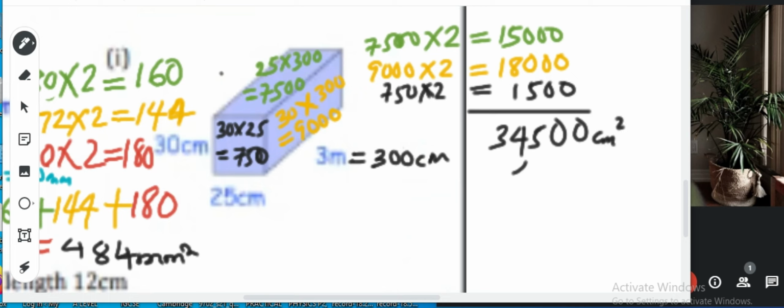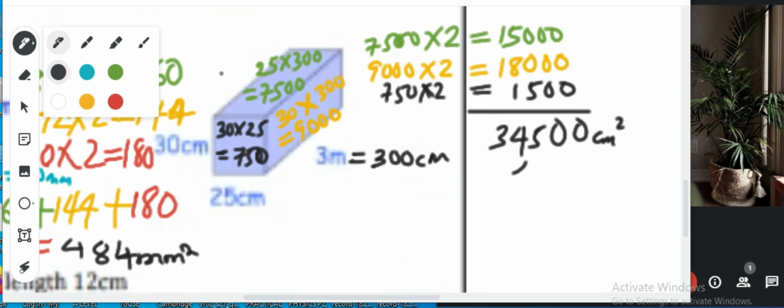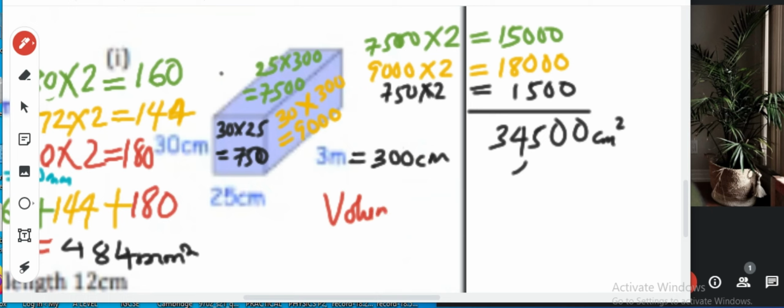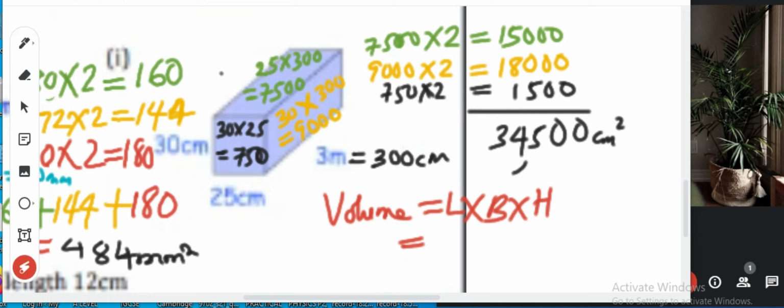Now, if we're to find the volume, volume of a cube or a cuboid is just length times breadth times height. You can in fact just multiply out all the dimensions, one times the other.